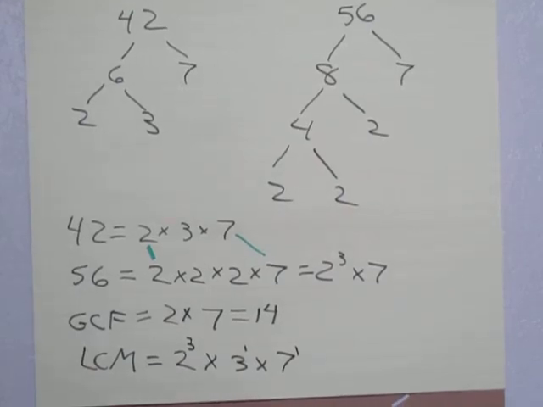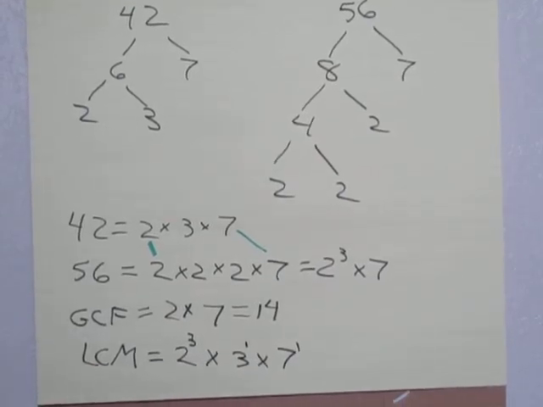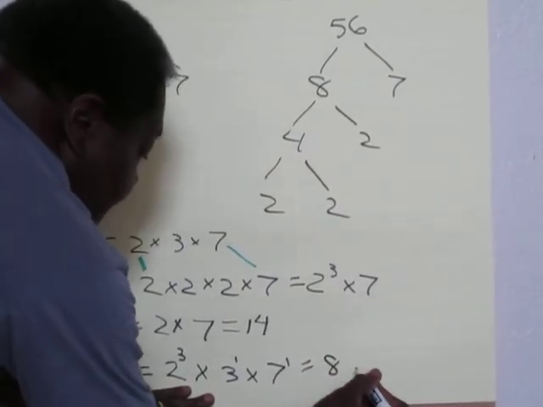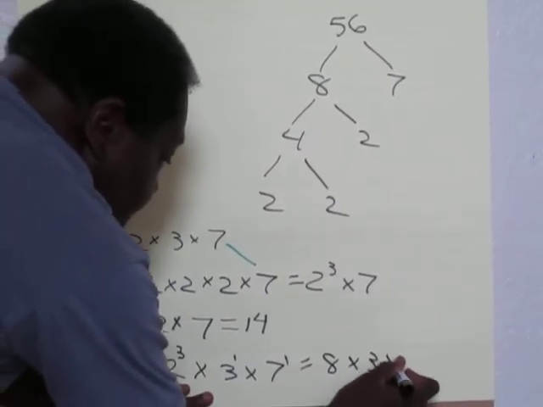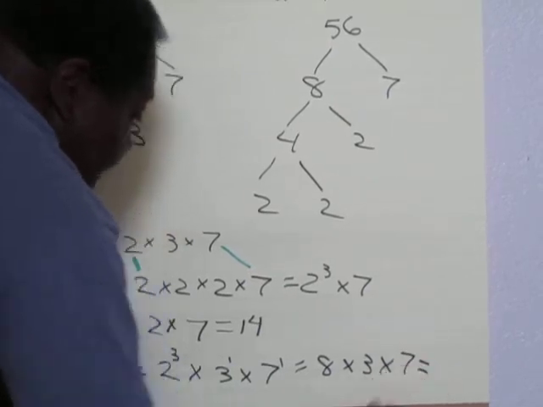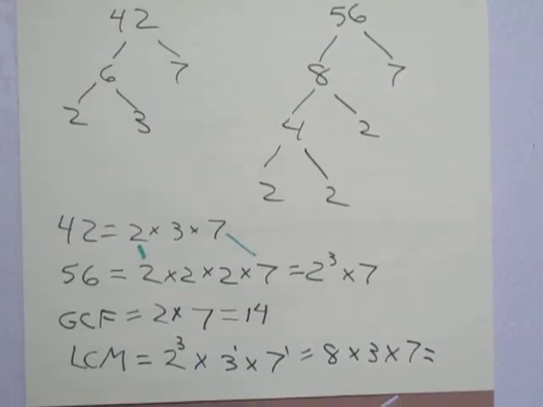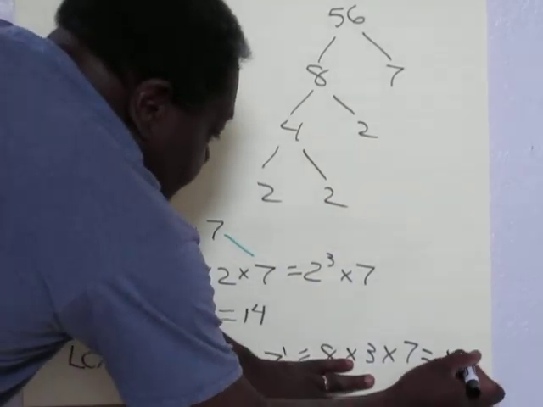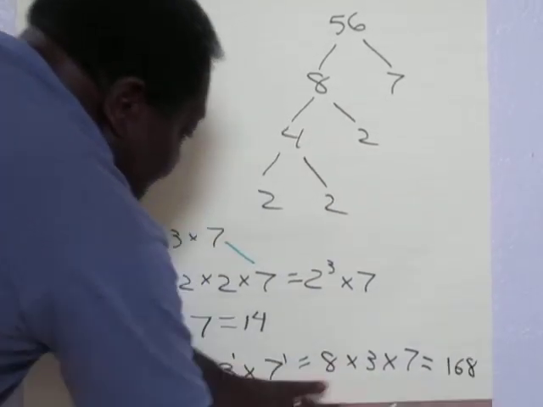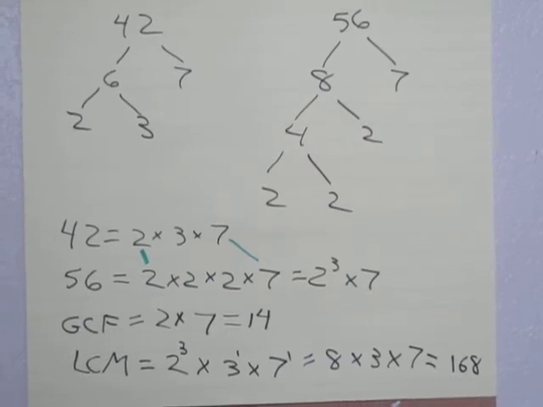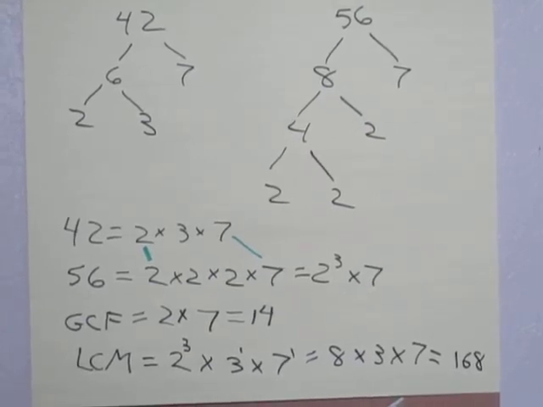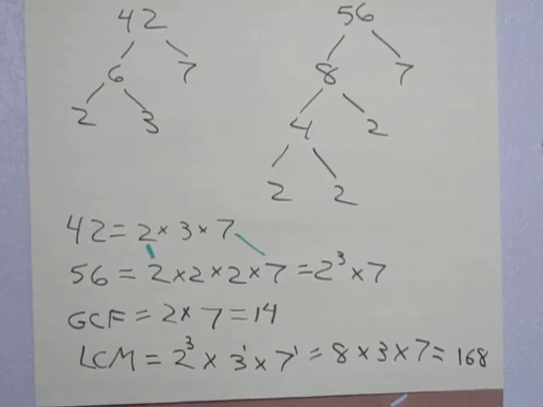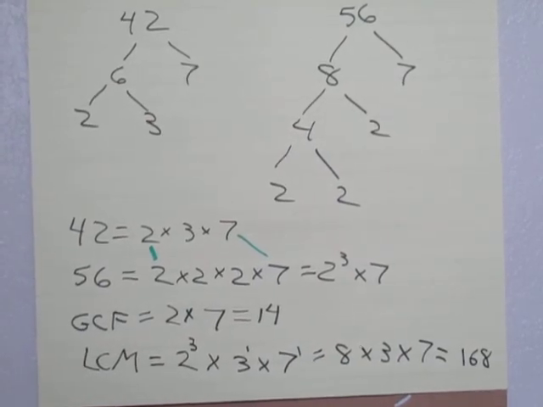Now I want to multiply these numbers together. 2 to the 3rd power is 8 times 3 times 7, and when I multiply that out, I get 168, and that's our least common multiple. That is, it's the smallest number that both 42 and 56 divide evenly into.